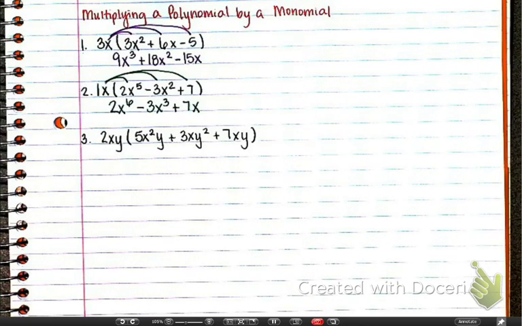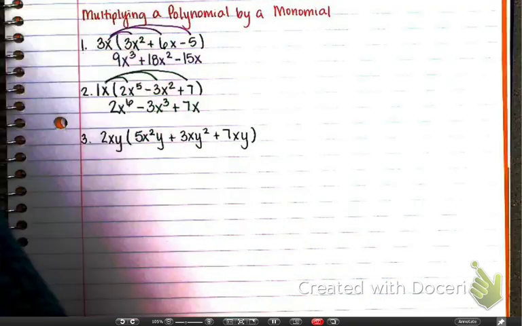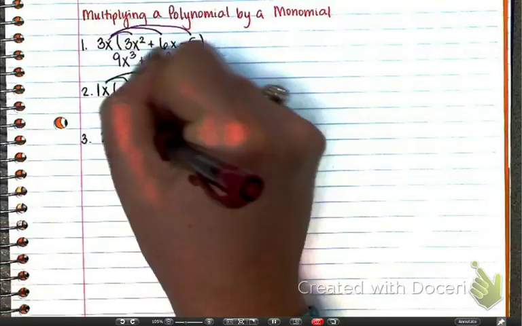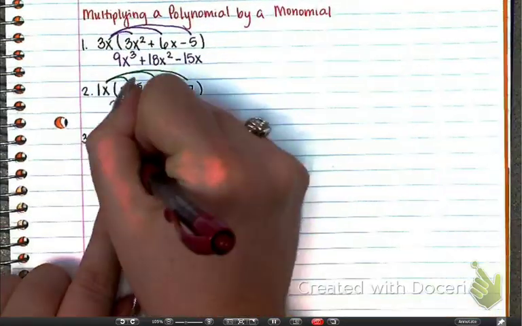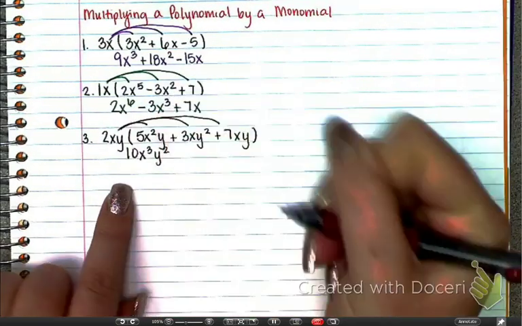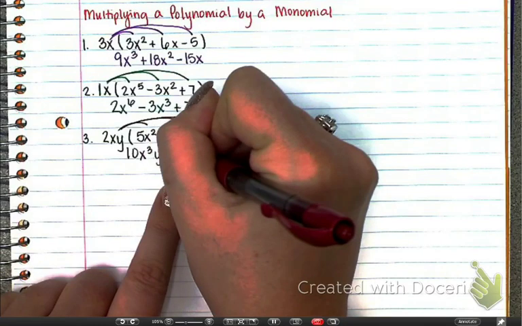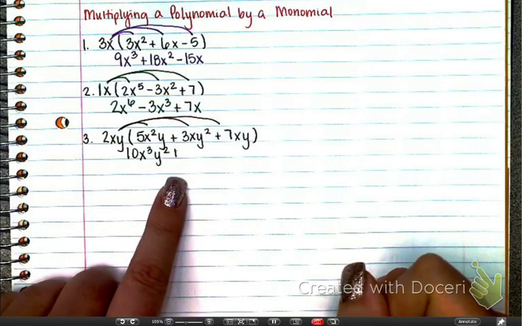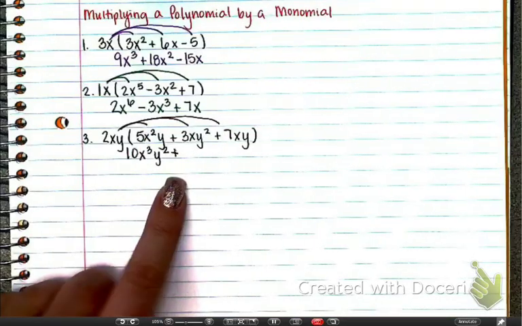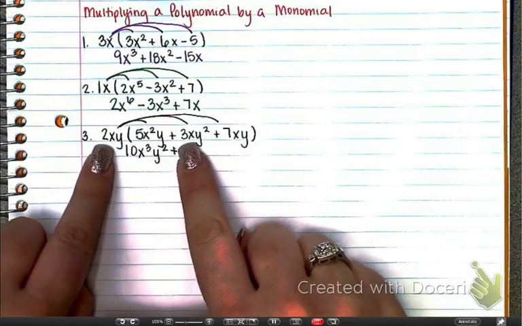We have an answer? Okay, who can give me their answer? So you distributed everything, right? Go ahead, Haley. 10x to the 3rd power y to the 2nd power. Perfect. Plus 15x to the 2nd, y, plus what? 15? Oh, I did it wrong backwards.